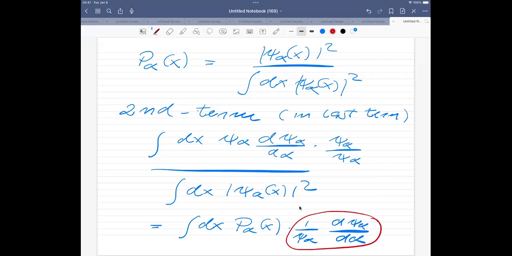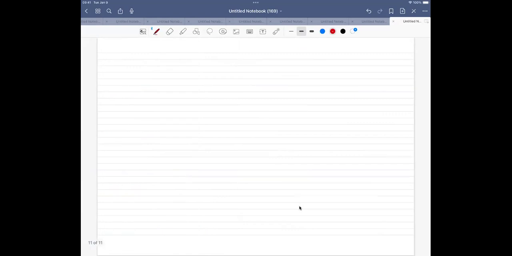If you then look at the second term here in that equation, this d psi alpha of d alpha is actually the derivative of the logarithm of psi alpha.